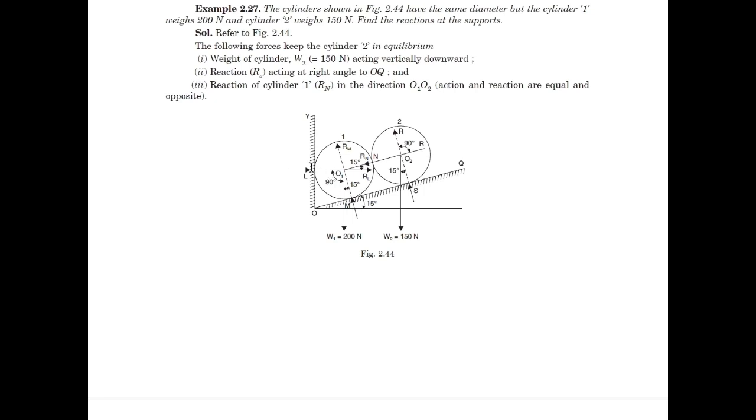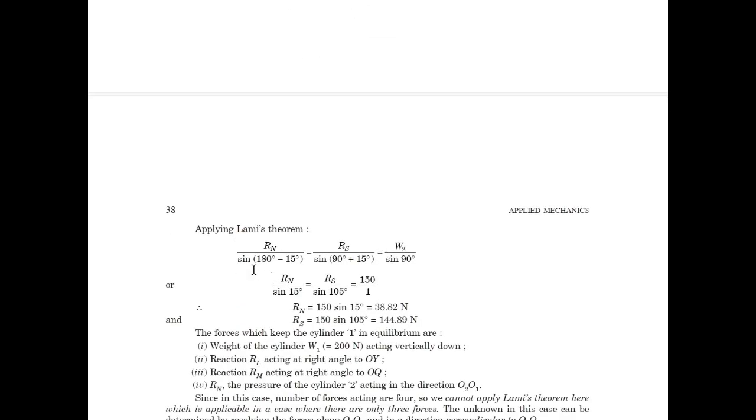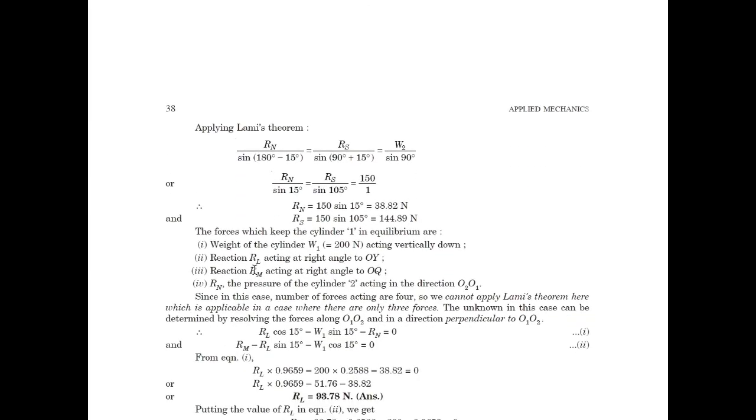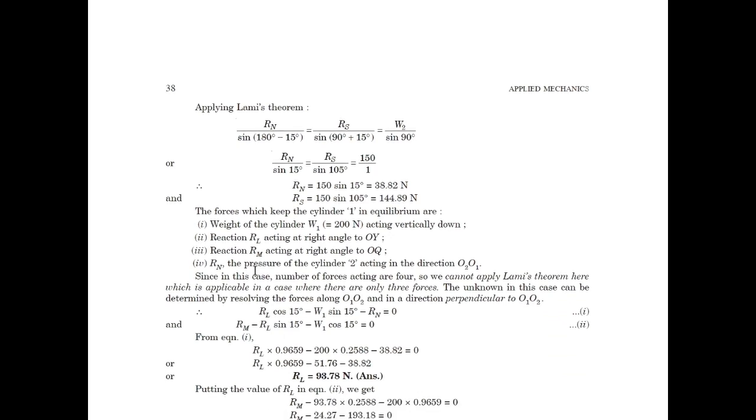There is one force which is RL, the reaction at L, which is horizontal along this direction. Rn will be in this direction, leftwards, and Rm will be upwards, and there will be the W force. There are 4 forces, so here we cannot apply Lami's theorem.